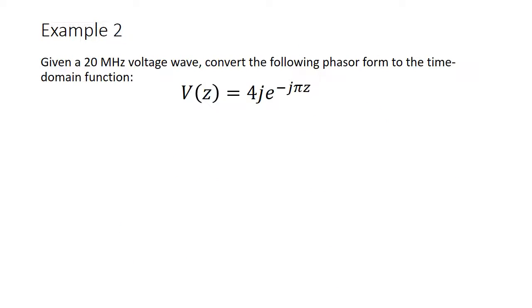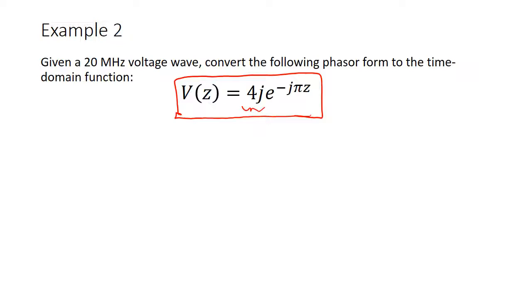Now before we move on, let's do one more example where you're supposed to go back the other way. Say we did a lot of math and found that our final answer for whatever we were looking for looks like this, where it's V of z, and notice that there's a 4j here, so it's not in clear polar form.